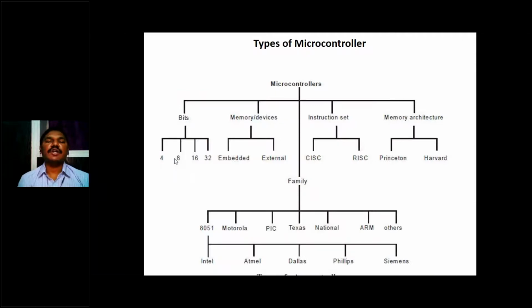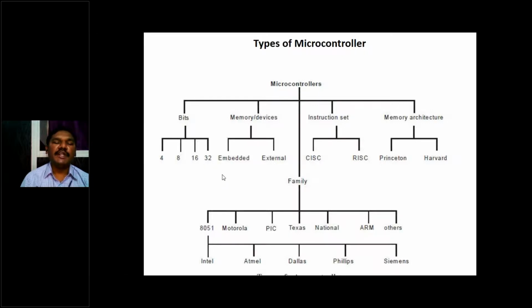And what are the types of microcontrollers we have? This diagram was already given in the first unit, the types of microprocessors. Microprocessors or microcontrollers are differentiated based on bits, memory devices, instruction set, and memory architecture. Based on bits, they are 4-bit, 8-bit, 16-bit, or 32-bit, whereas microprocessors today have reached 64 and 128 bits.